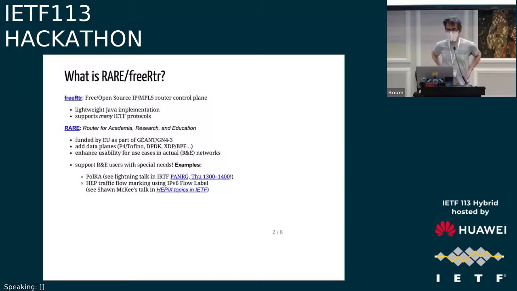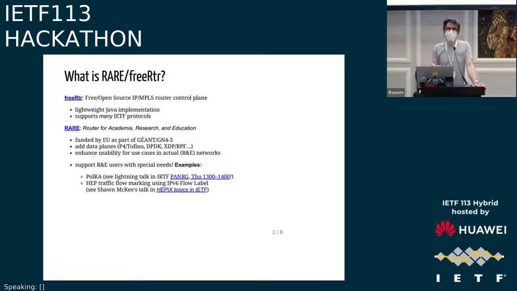And what we noticed is that this platform has become interesting to some people with special needs from our research community, and we have a couple of them here. So Polka is a new source routing or forwarding paradigm that will be presented here on Thursday by two colleagues from our team from Brazil, that has been implemented in FreeRtr, including the P4 data plane implementation. Exciting work.